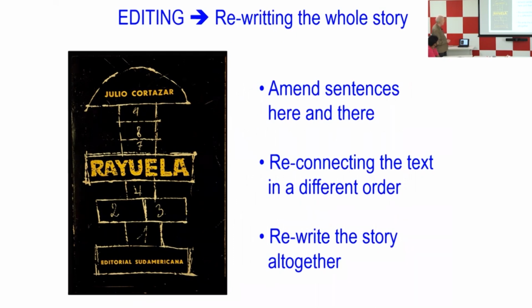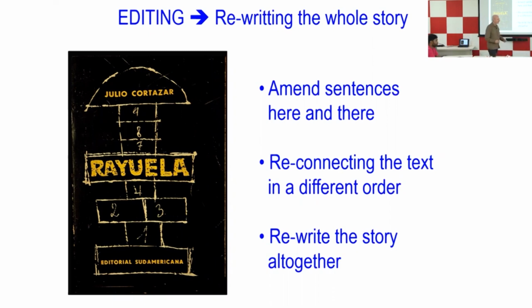I don't know if you are familiar with this novel called Rayuela from this writer. It is a really interesting concept in literature. Rayuela is this kids' game where you jump from one place to the other, like this, or like this, or like this, right?